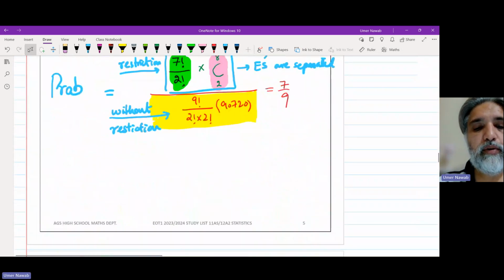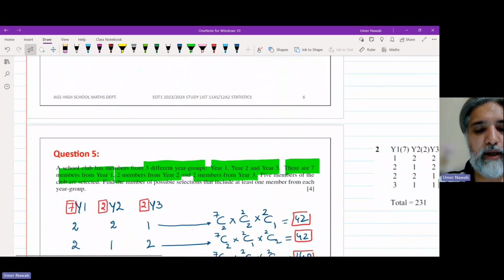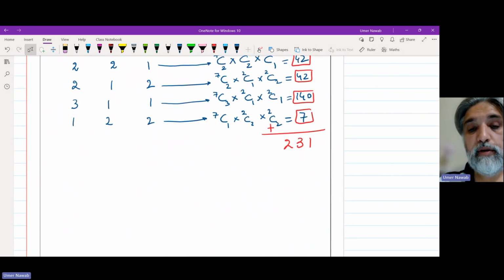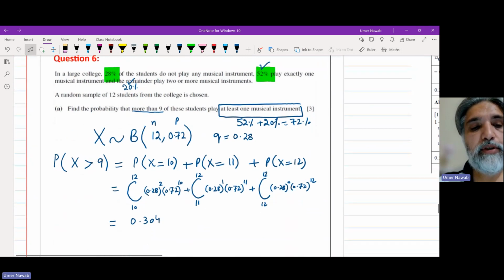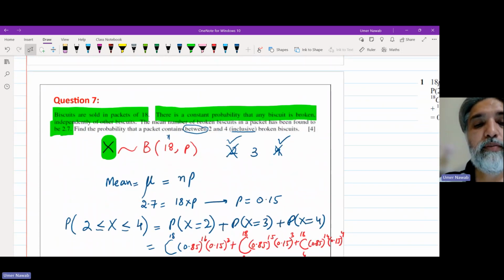Question number 3, question number 4, boys, and question number 5 gave you good practice on combinations and permutations. Question number 6 and question number 7 are related to binomial probability distribution.